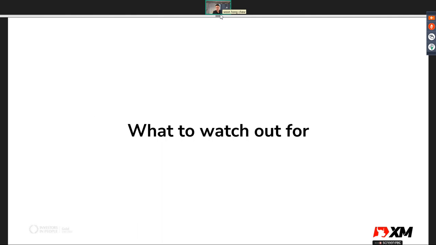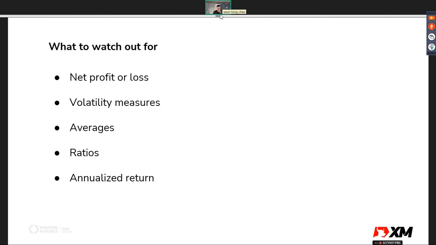So what can we watch out for? You should always watch out for net profit or loss. Later, I'll show you guys an example. You can see net profit or loss at the bottom of your MT4, and also volatility measures such as news, because news always tends to make the market more volatile.